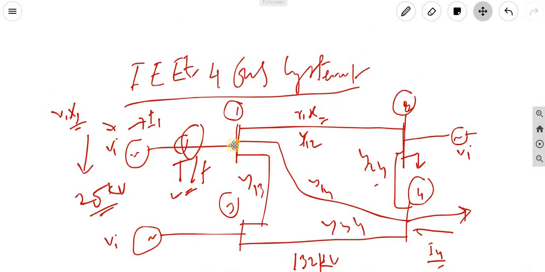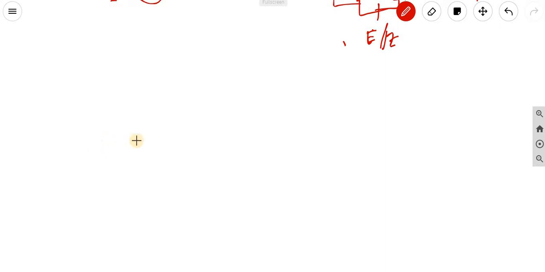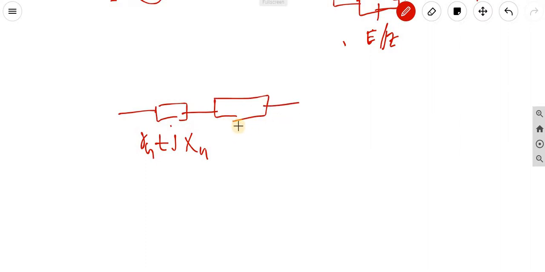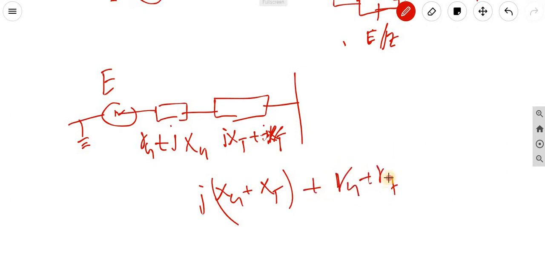from this point to this point, how much impedance is there? Suppose for the generator, RG plus XG is the impedance of the generator, and here we can consider the impedance of the transformer, RT plus XT, and here we equivalently present the E. Now in the equivalent, RG plus RT plus the transformer reactance.